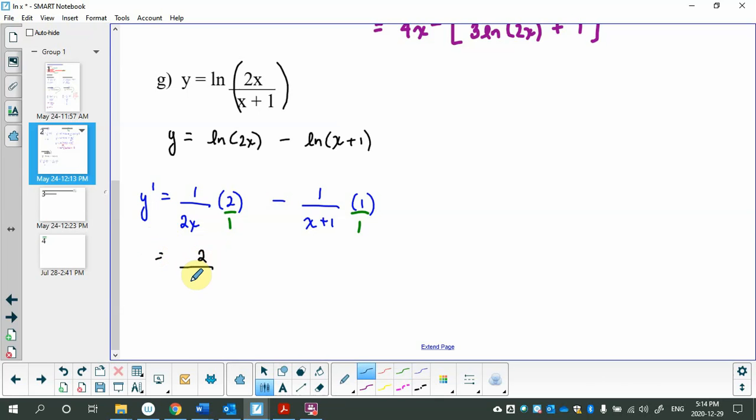So that's 2 over 2x minus 1 over 1 plus x. My 2's will cancel out. And you get this. So this is a perfectly acceptable answer depending on what it is that you want to do with it.